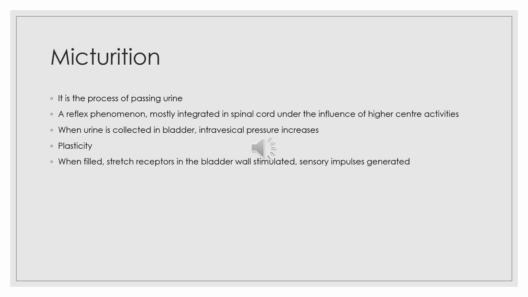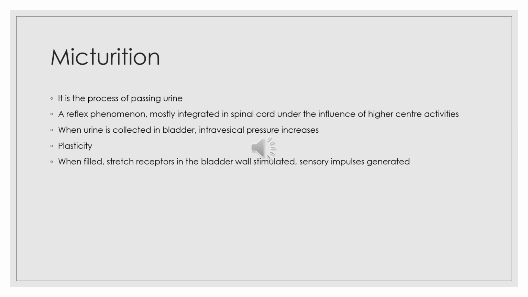Micturition is the process of passing urine or voiding urine. It is a reflex phenomenon. The centers are mainly located in the spinal cord but under the influence of higher brain centers. When urine is collected in the bladder, the pressure inside the bladder, called intravesical pressure, increases.